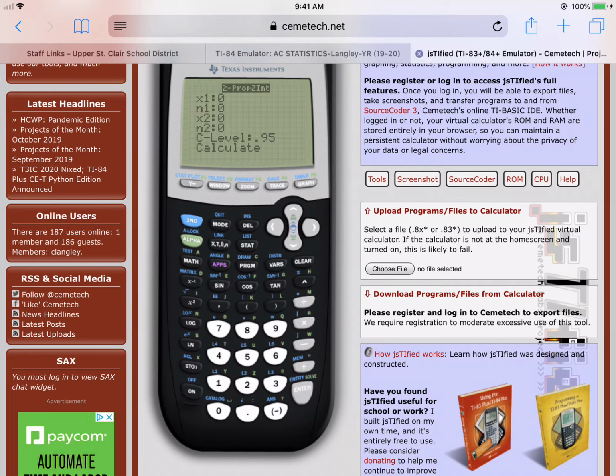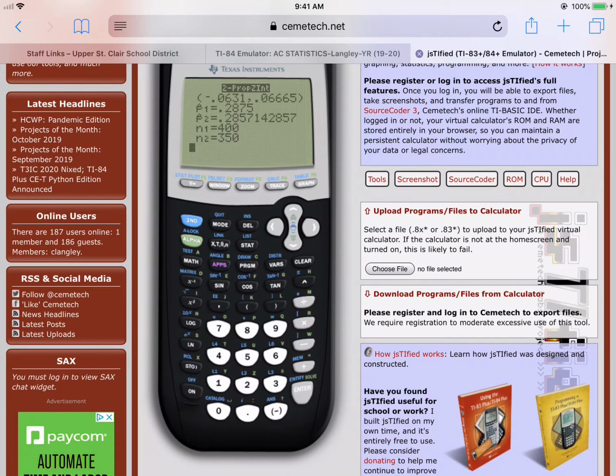Because I want to do big minus small, I'm going to have the male values as x1. So I'm going to type in 115, and n is 400. For the females, that would be 100 for the x value and 350 for its sample size.